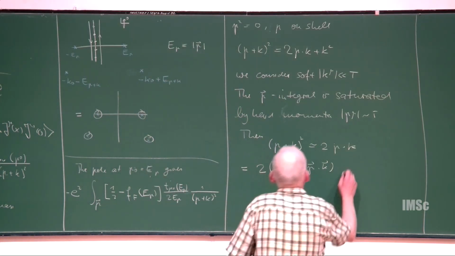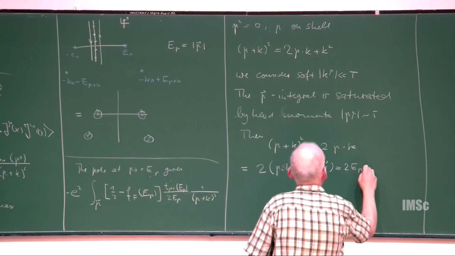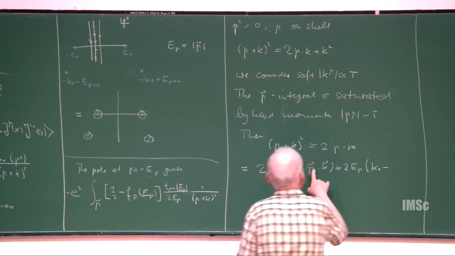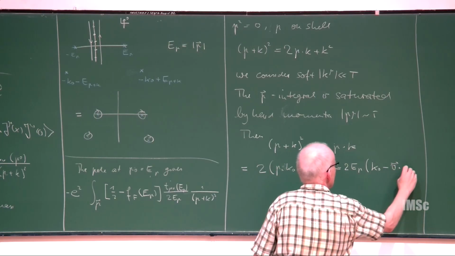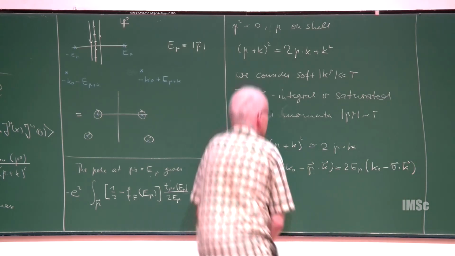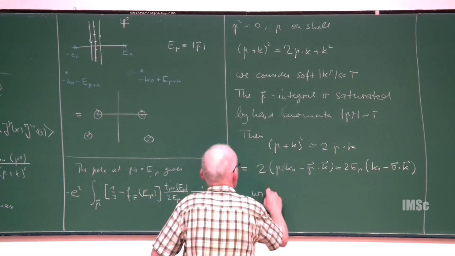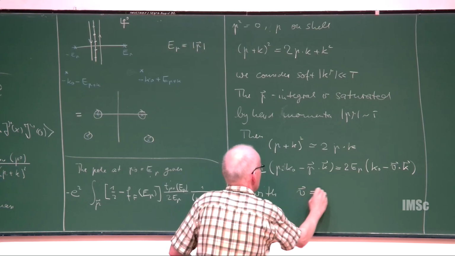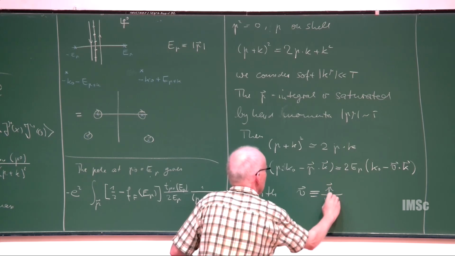So we can pull out the energy E_p and have left k naught minus the unit vector in p direction, which I call v. V because it's the velocity of a particle with this momentum. So v is the unit vector in p direction.